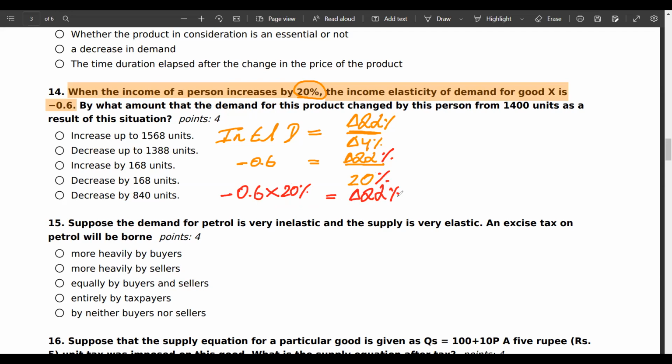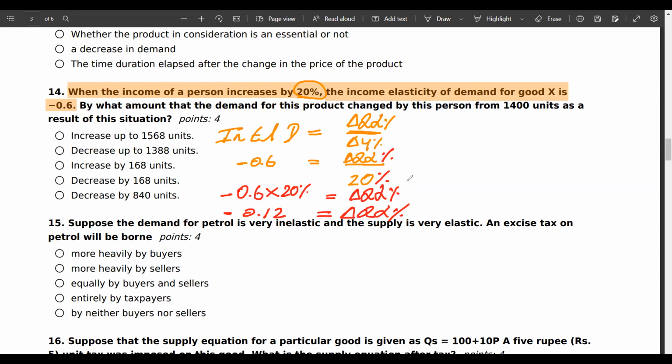If that's the case now, what will you get? Minus 0.6 into 20% is how much? You will get minus 0.12 equals change in quantity demanded percentage. That's what you get.